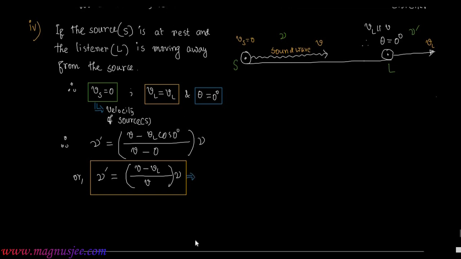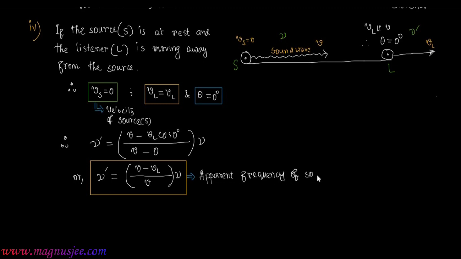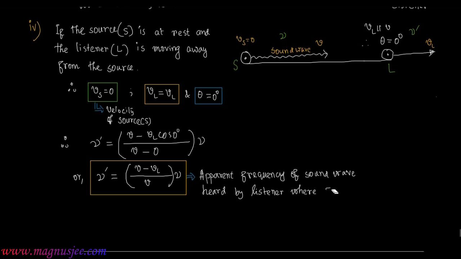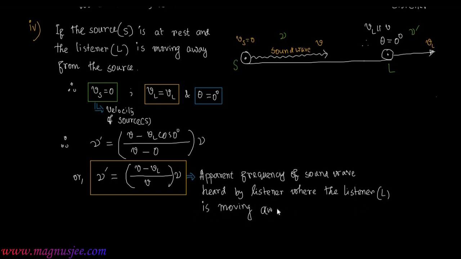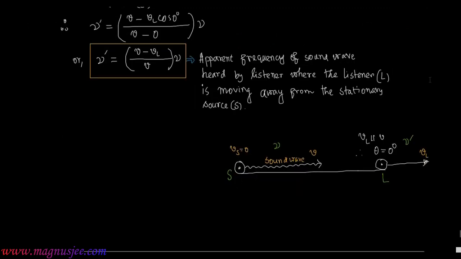Therefore, nu prime is the apparent frequency of sound heard by the listener, provided the listener is moving away from the stationary source S. Nu prime is equal to (V minus VL) divided by V, into nu.